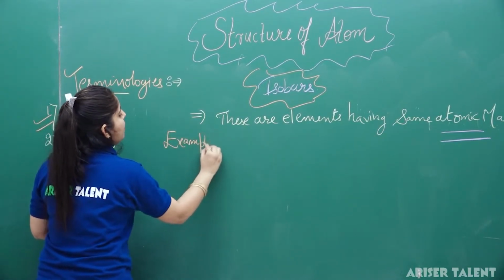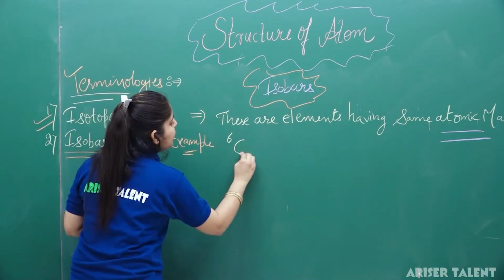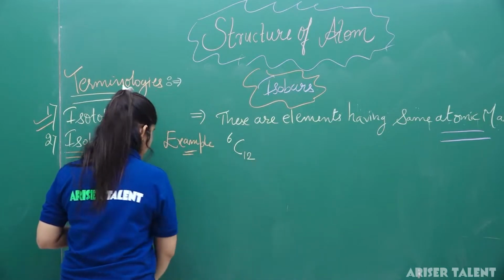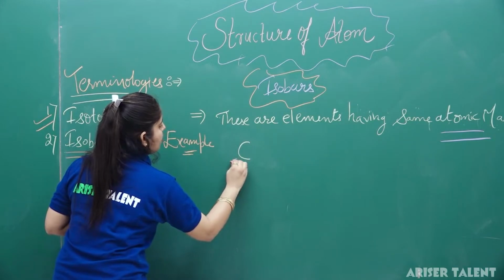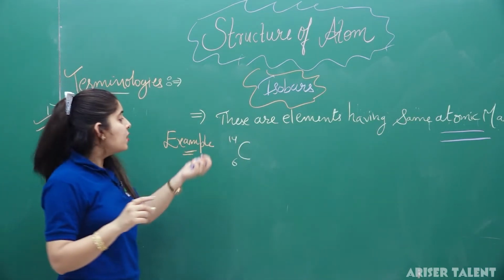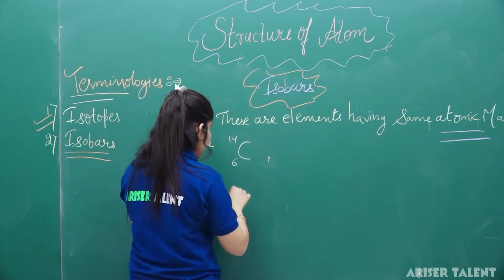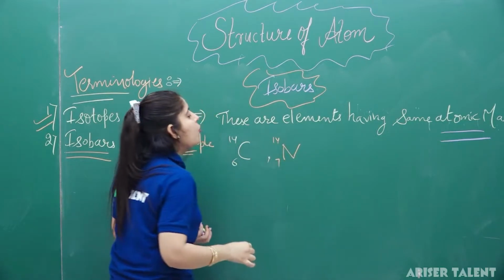We have an example. We have taken 6C12, and C 6 14, that is the isotopic form of carbon 14, and as a second example we have taken nitrogen having atomic number 7 and atomic mass 14.